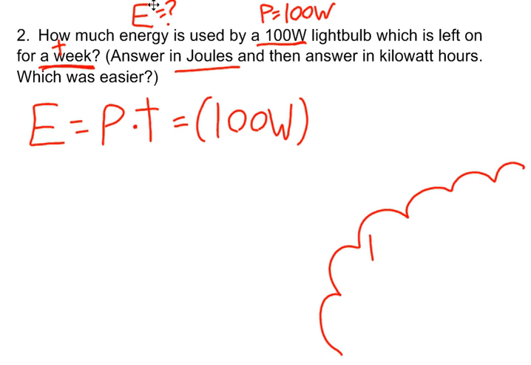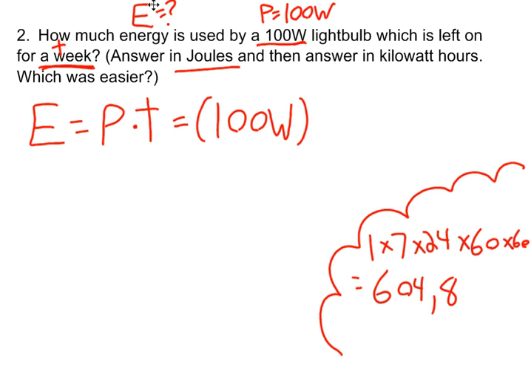Well, 1 week is 7 days, and it's 24 hours, and there are 60 minutes in an hour, and there are 60 seconds in a minute. And that means 1 week is equal to 604,800 seconds.